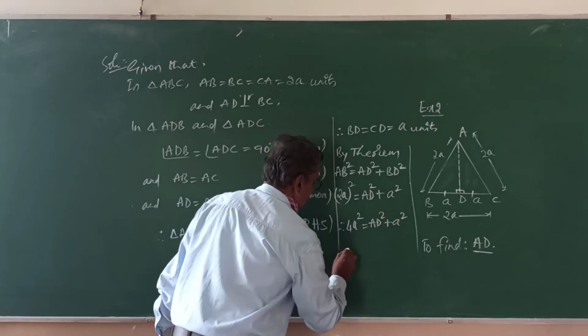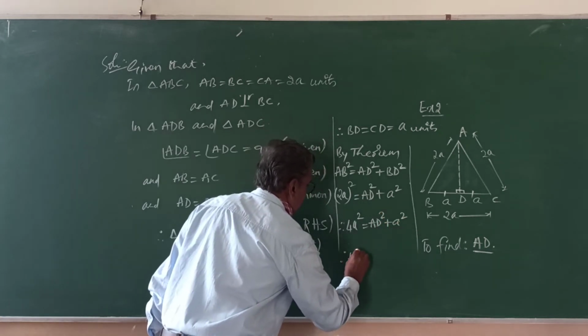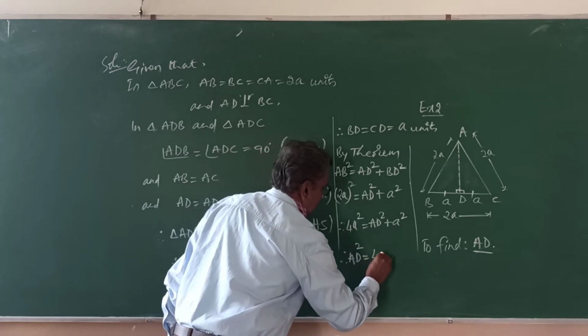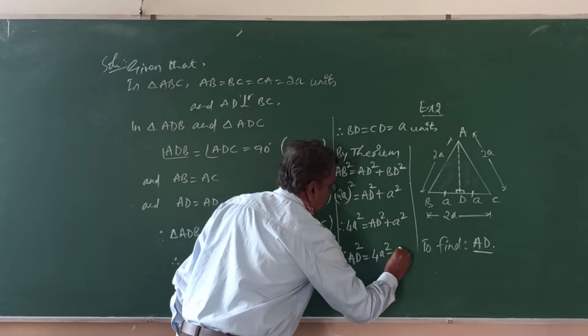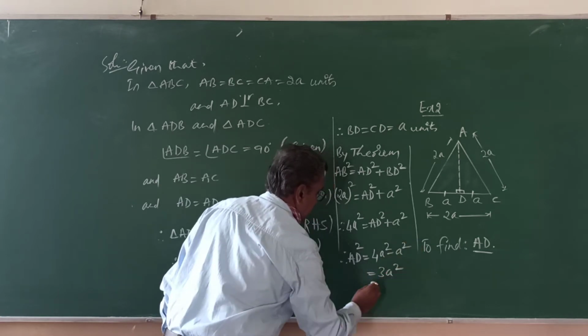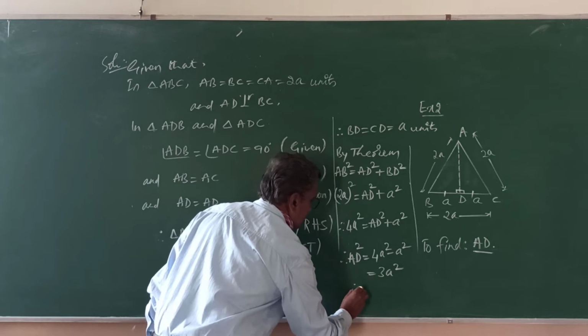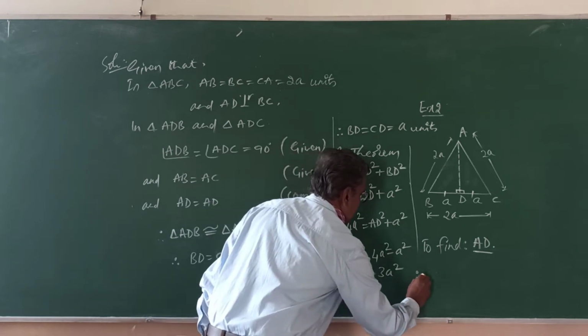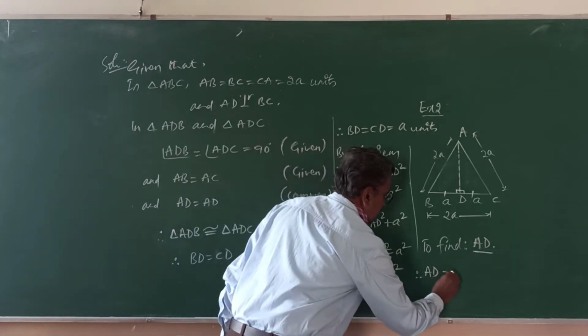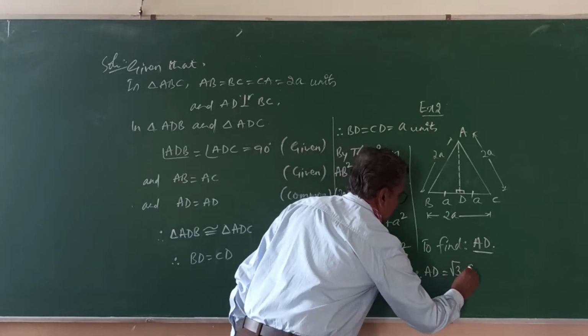Taking the square root, AD is equal to root 3 into a.